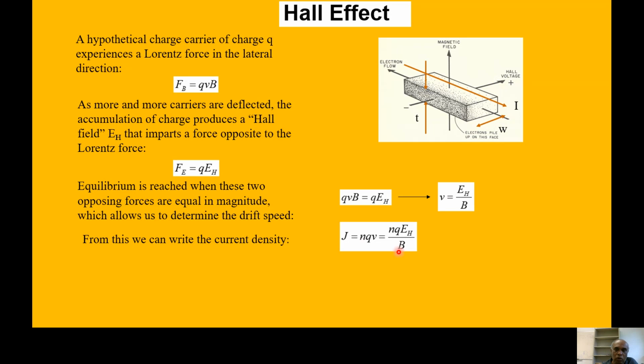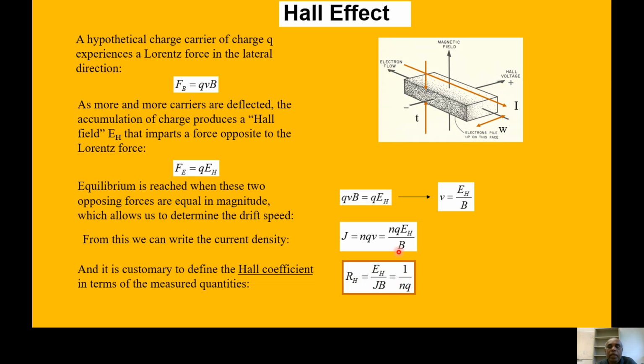Now we define something called the Hall coefficient. The Hall coefficient is defined as E_H divided by J times B. In this case, E_H divided by J times B means 1 over nQ. So this is the definition of your Hall coefficient: the Hall field per unit current density per unit magnetic field.